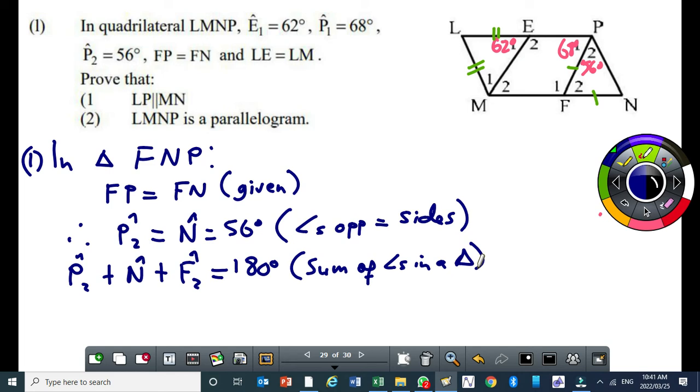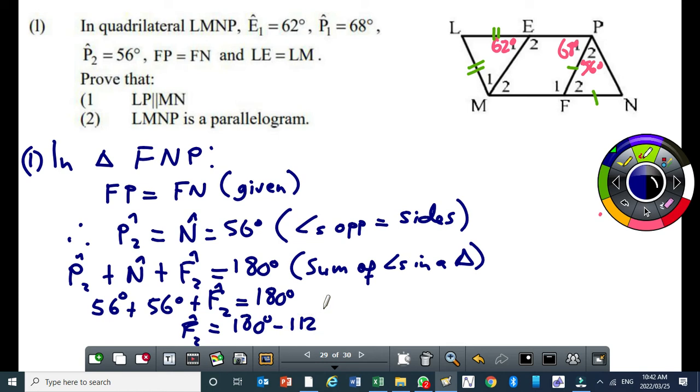Now, P2 is equal to 56, N is 56. So I can have here 56 plus 56 plus F2 will give me 180. Therefore, F2 will be equal to 180 degrees minus 112 degrees. And this will give me 68 degrees.